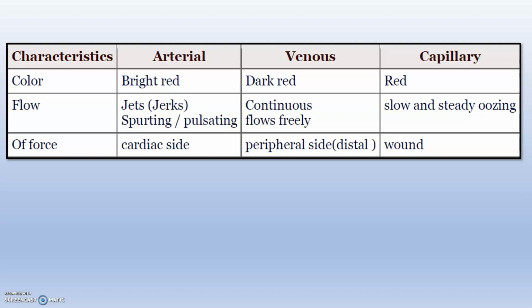Whenever it is arterial, it's bright red with a spurting or pulsating flow, and the force is from the cardiac side. Venous is dark red, continuously free flowing, and from the peripheral side, that is the distal or venous side. Capillary is red with slow, steady oozing, and the force is from the wound.